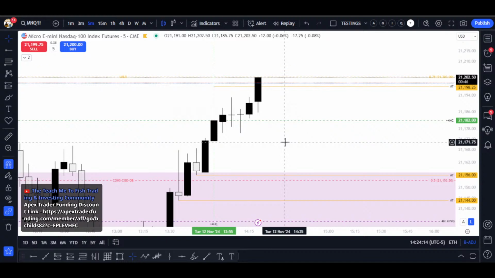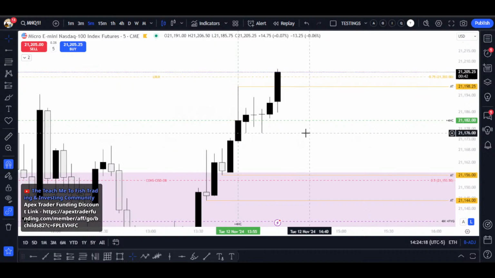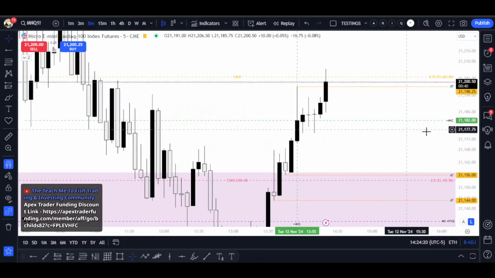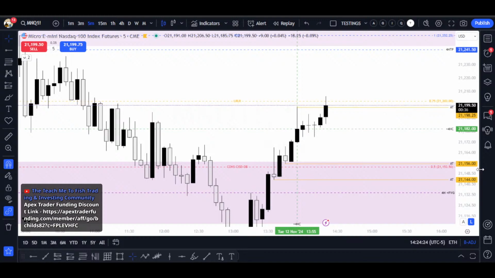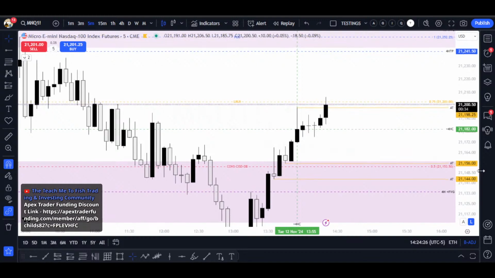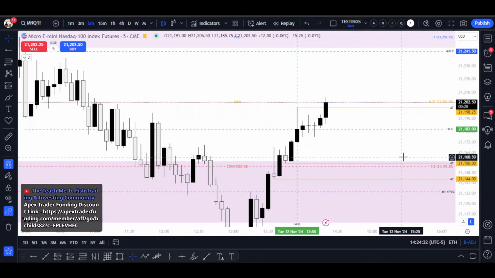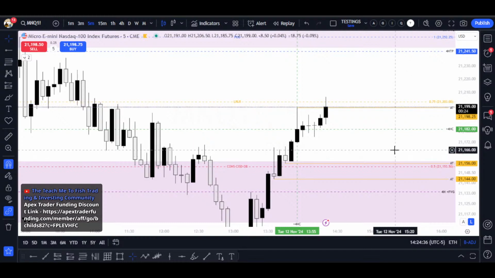All right, that algo target was met. Wait for the next one to form.